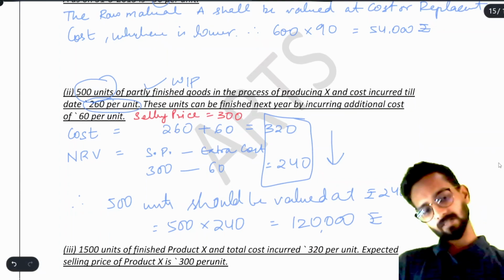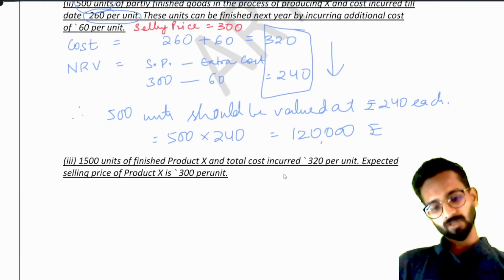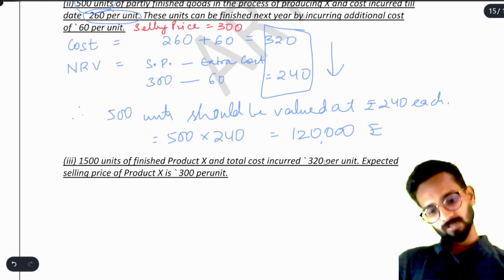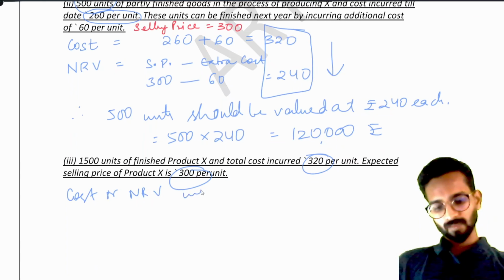Now after that, 1500 units of finished product X and total cost incurred 320 per unit. Expected selling price is 300 per unit. So our cost is how much? 320. Selling price is 300. So it is very easy. You can directly say cost or NRV, whichever is lower.